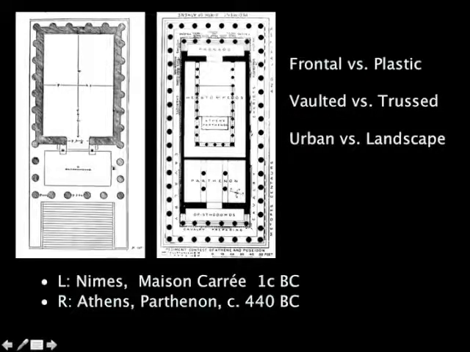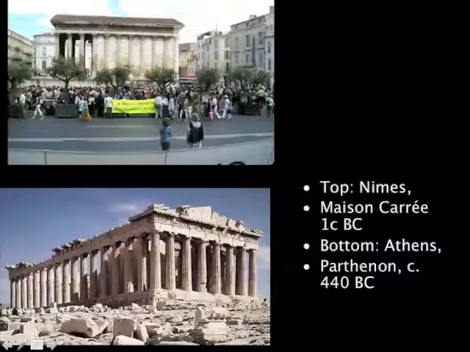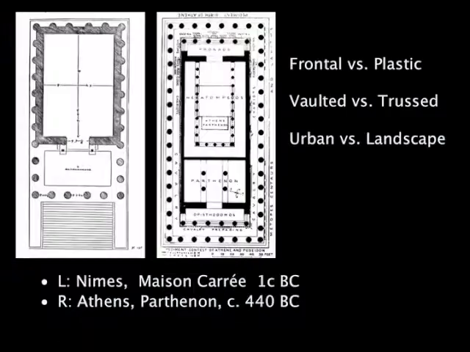And because it's a barrel vault, it can be quite large, and it can give you quite a capacious interior space. We approach these two temples in quite different ways. Obliquely here, for our friend the Parthenon, and frontally, this is of course the side, for the Maison Carrée.